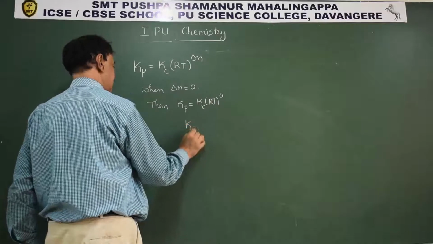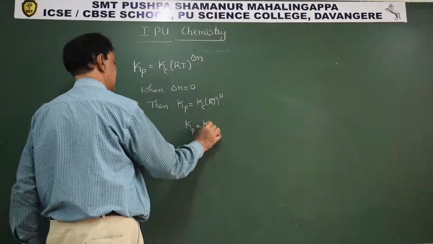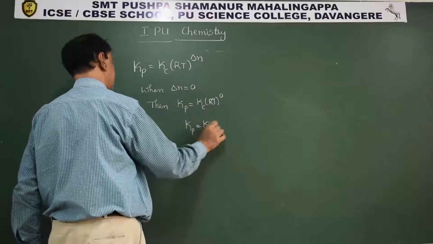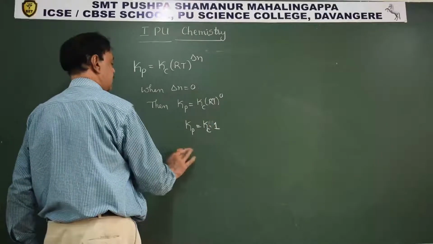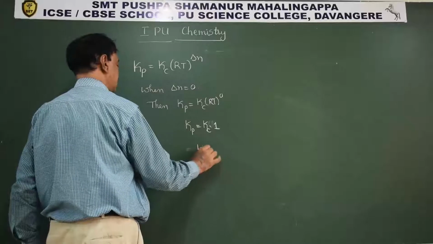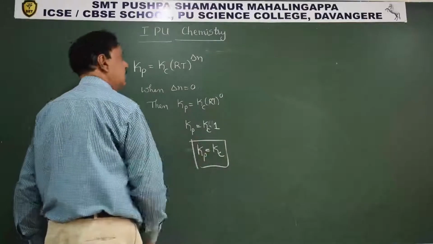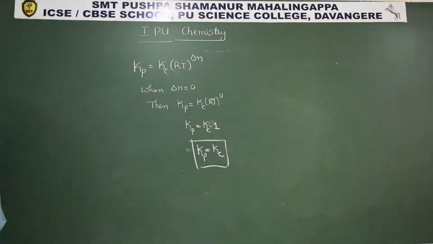Then Kp is equal to Kc into 1. That is, Kp and Kc both are equal.